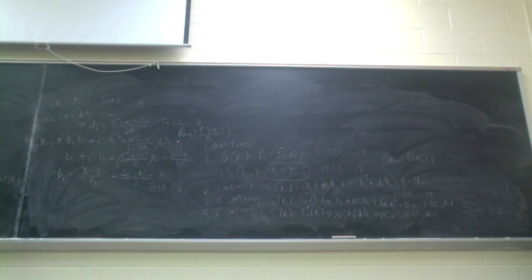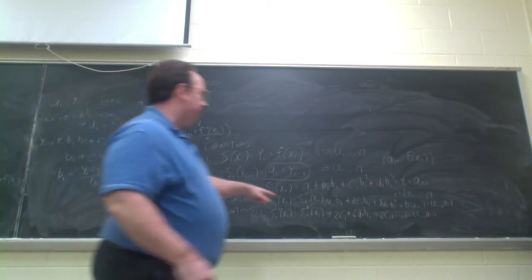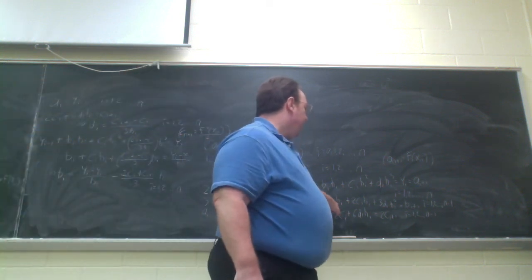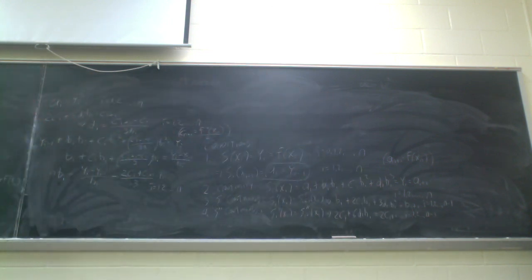So now what I can do is I can take this bi and substitute it into here and also in here, at least for the interior points. Actually, this one is defined for i just 1 to n.